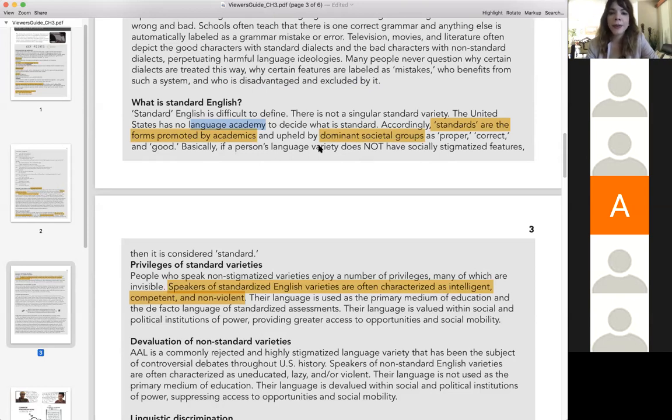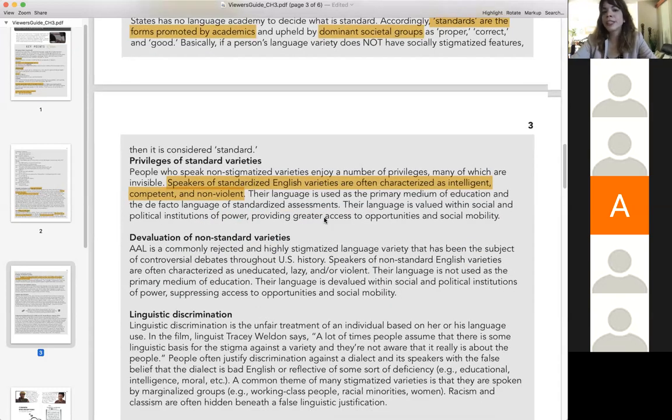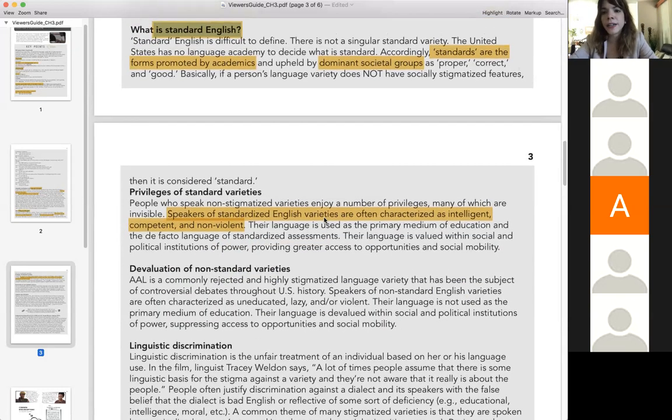But if a person's language doesn't have any stigmatized features, so it doesn't have any aspects of African American English or Latino English or working class English, if it doesn't have anything that represents less desired groups, then their way of speaking is considered standard. Okay, so the idea of standard English is very discriminatory. Although it's useful, it's still exclusive.